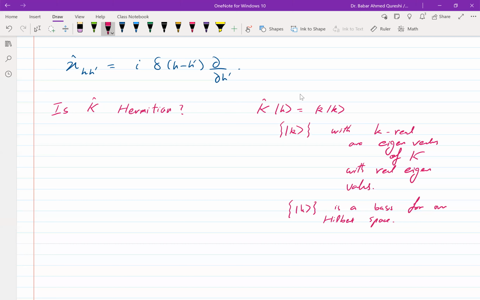Well, in X basis, we have just seen the expression for K. This is its effect.